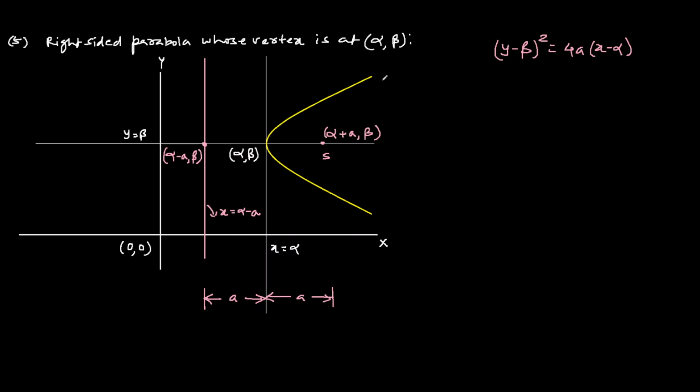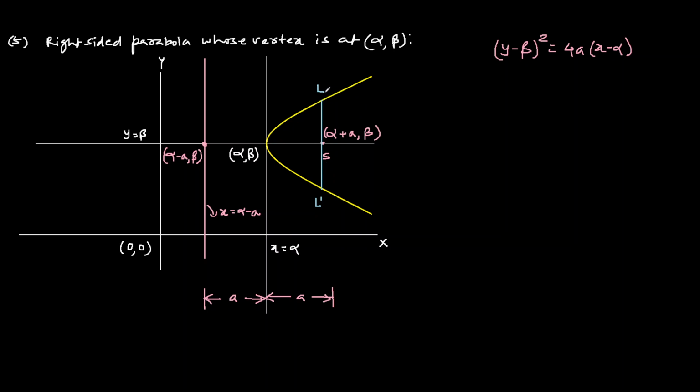And we have the latus rectum, which is perpendicular to the principal axis and passing through the focus. The endpoints are L and L dash. The total length of L L dash is 4a. It means from the focus, SL is 2a and SL dash is also 2a.